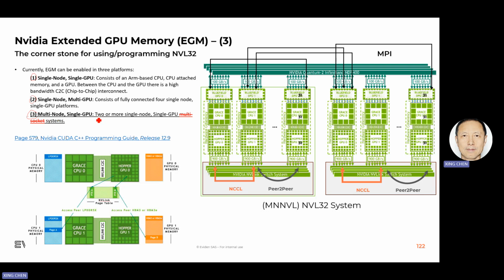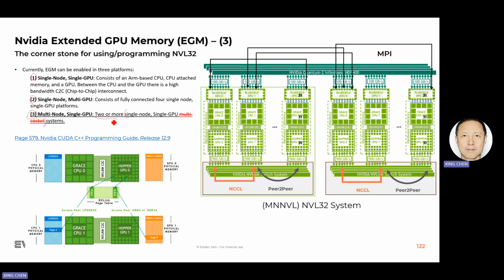That means two or more single node multi-socket systems. This text in red is the original document. The original document is saying that this kind of EGM enabled on the third type system is two or more single node multi-socket systems.